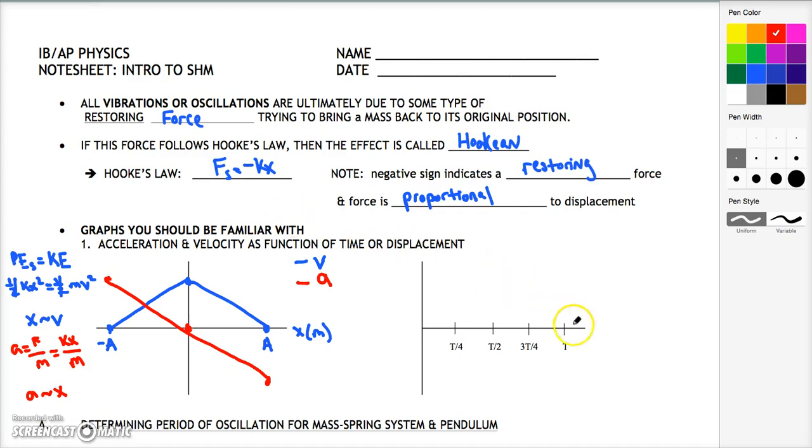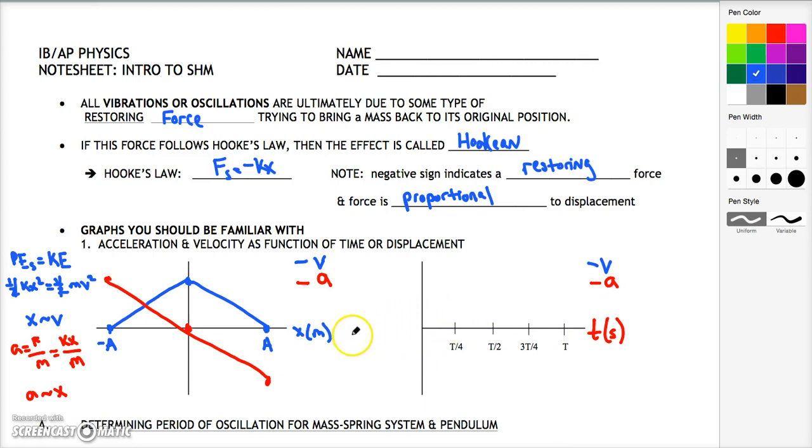Now let's plot versus time. Let's keep this consistent: the blue line will represent the velocity, and a red line will represent the acceleration. Let's say T is our period, so it's one full cycle, a round trip.